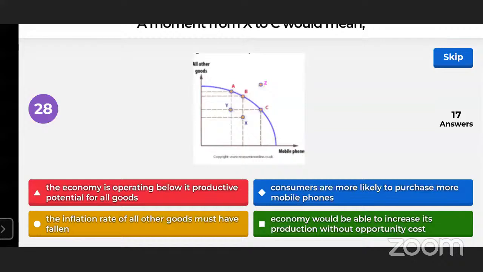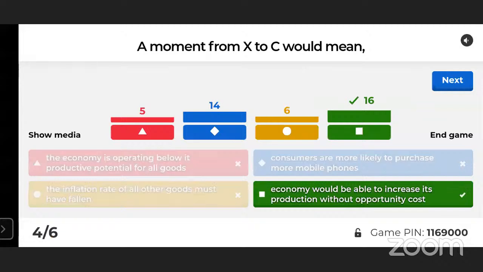X to C. You have 9 seconds. So it's movement from X to C, right?